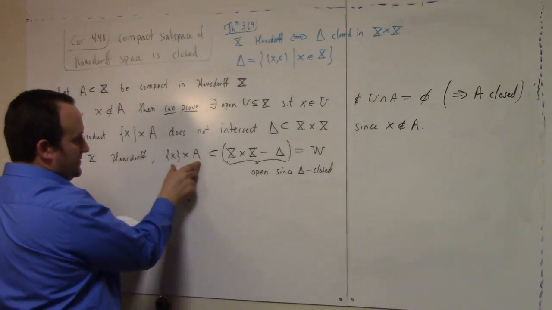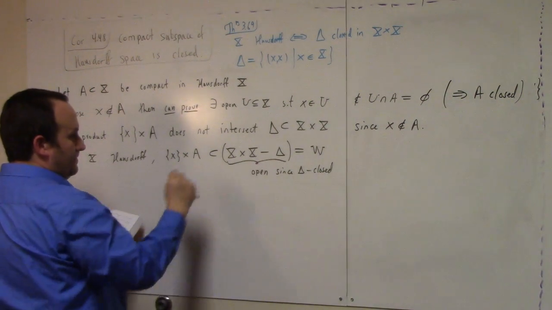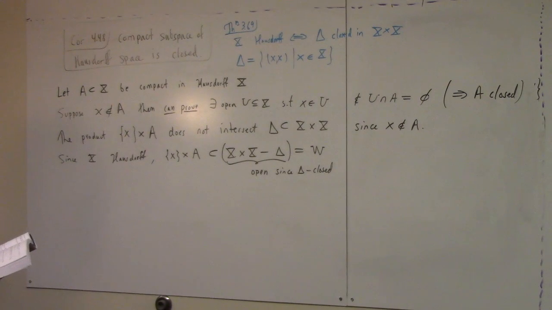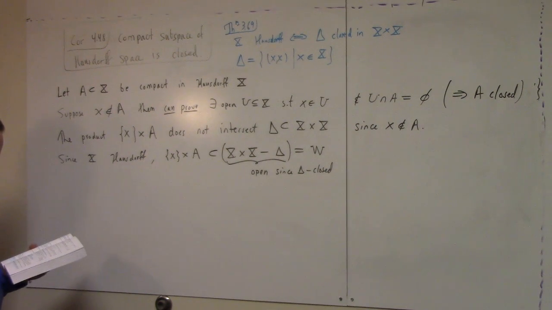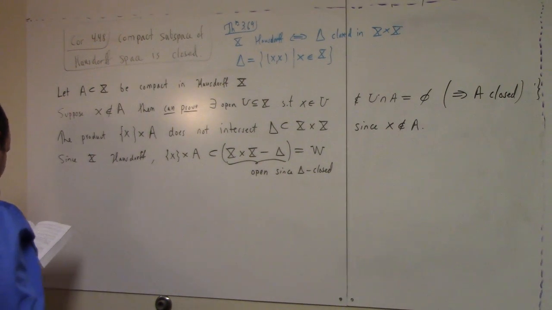Is it clear that {x} Cartesian product with A must be in here? Yes, because {x} Cartesian product A is not in the diagonal, so it has to be wherever it's not. It has to be outside the diagonal. Now we use Wallace's theorem.